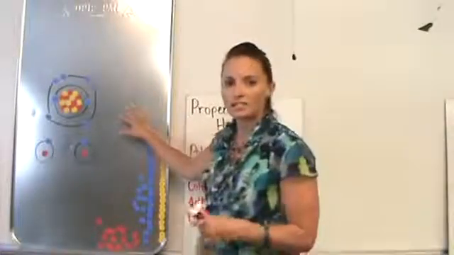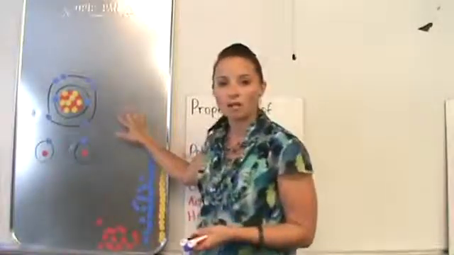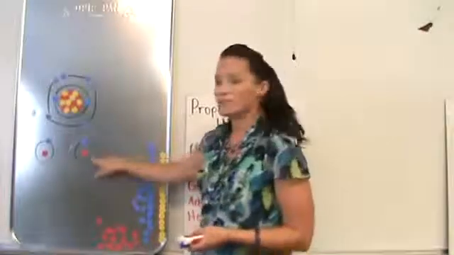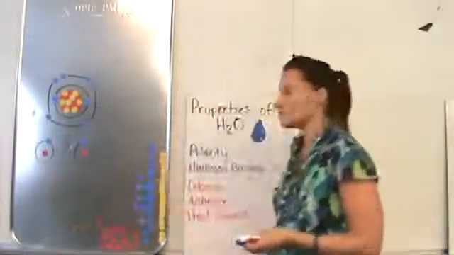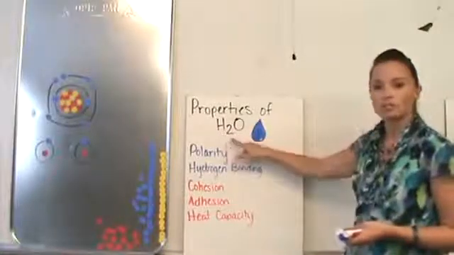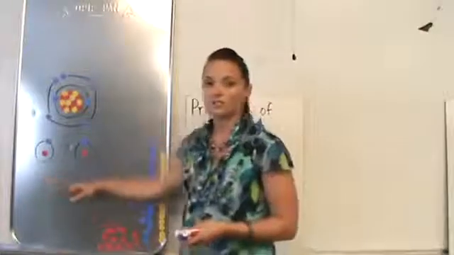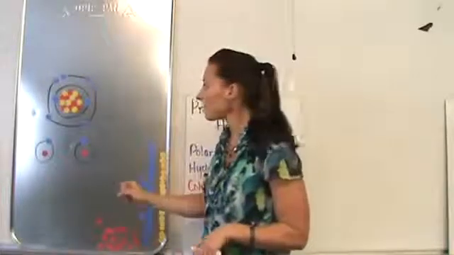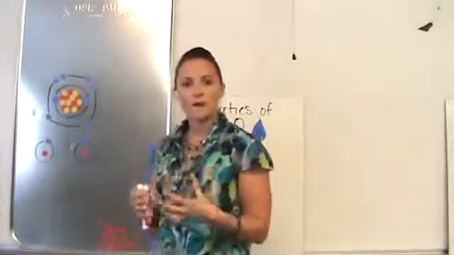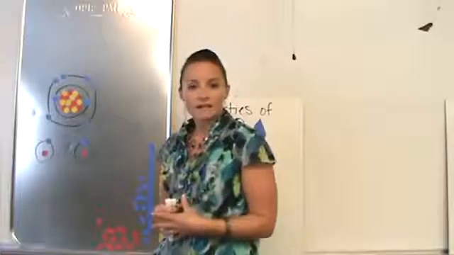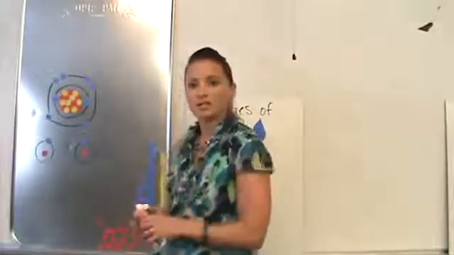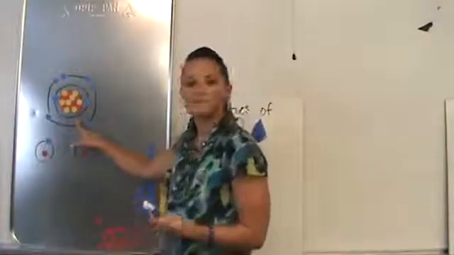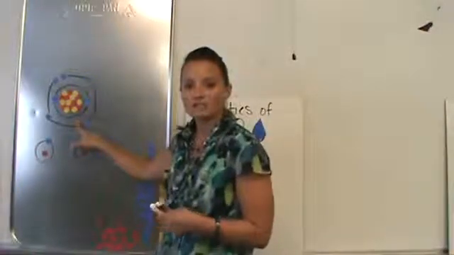So let's go over here and talk about the components of water. Water is made up of an oxygen molecule and two hydrogen molecules. That's why it's H2O. We have the two hydrogen and one oxygen molecule. Now, when they bond together, and you should remember this from prior atom and matter discussions, the hydrogen atoms will come in and want to covalently bond with the oxygen atoms.